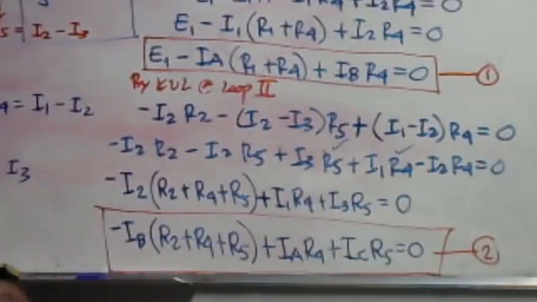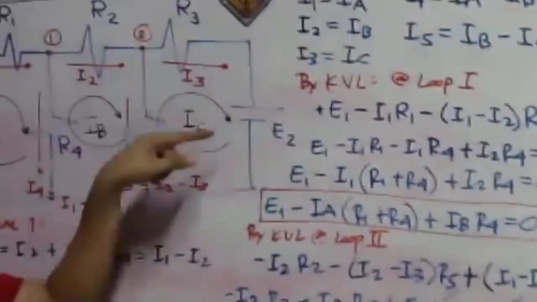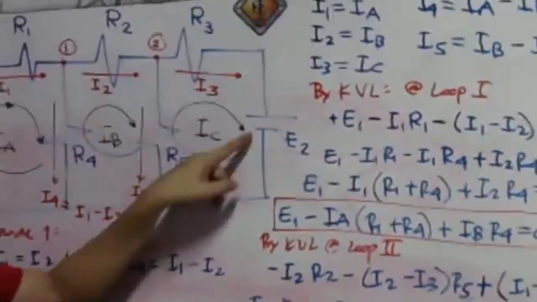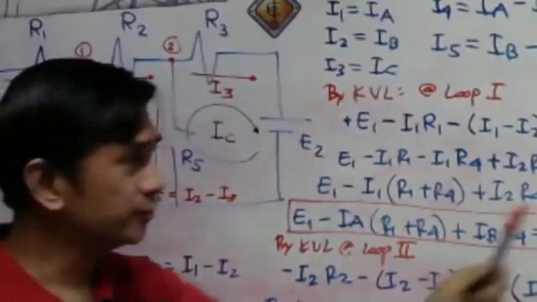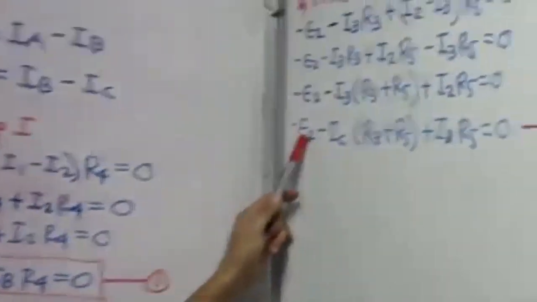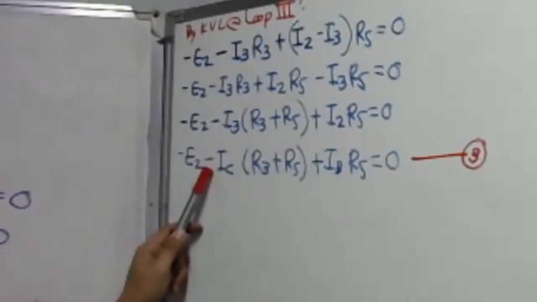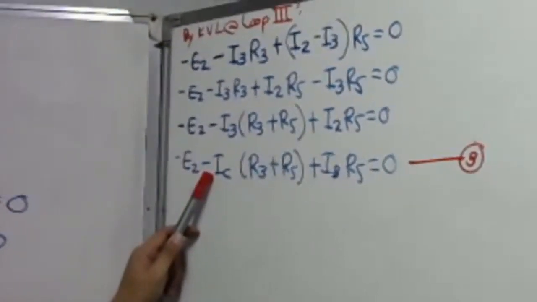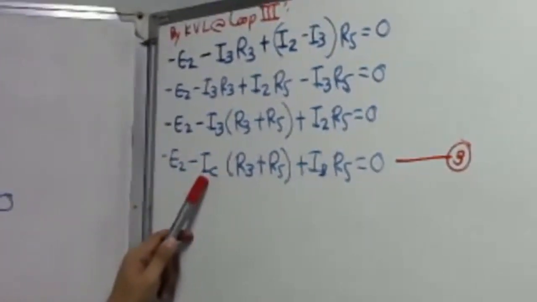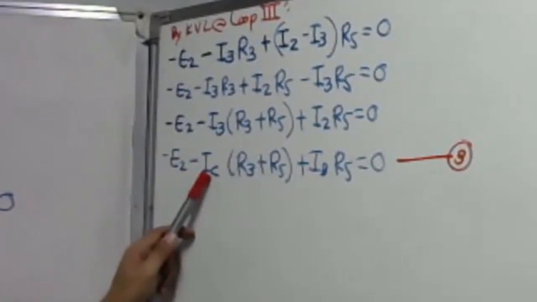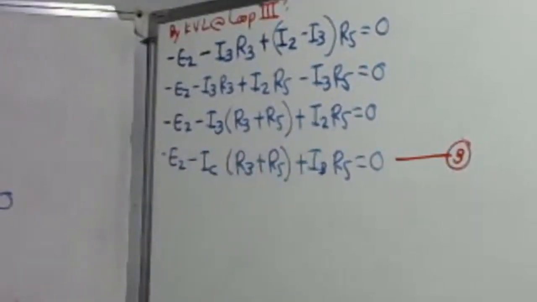What about for equation number 3? Take a look at equation number 3. Okay, I see it lives on the negative terminal of E sub 2. That's why we have to put here negative E sub 2. Okay? Minus. Automatically minus the circulating current. That is automatic, you minus the circulating current multiplied by the loop resistance.